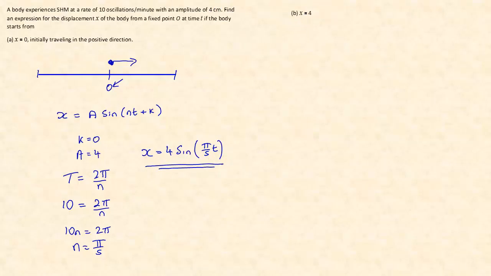Now it's starting at x equals 4. We don't need to worry about the direction of travel because it's actually going to have a velocity of 0 if it's at the extreme point here. Now if we start off with x is a sine nt plus k, a is either going to be 4 or negative 4.